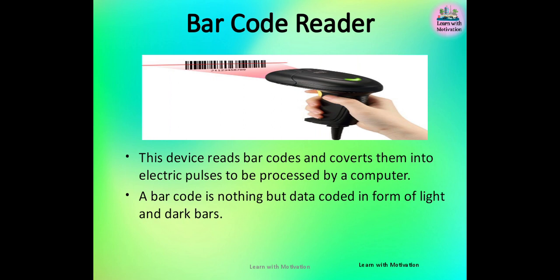BCR, barcode reader. You easily see this type of BCR in malls too. The device reads the barcode and converts it into electric pulses to be processed by a computer. A barcode is nothing but data coded in the form of light and dark bars.